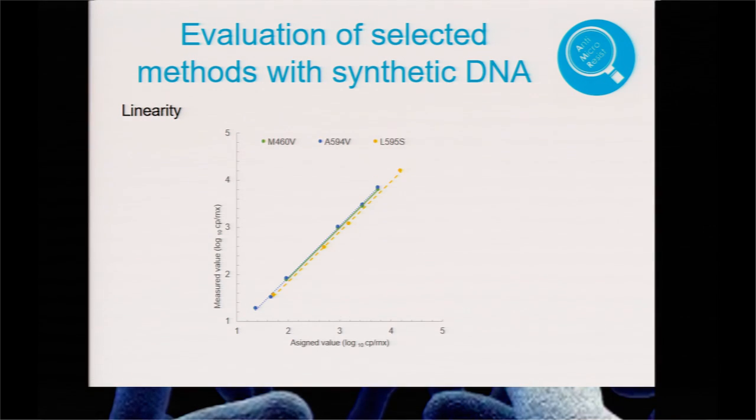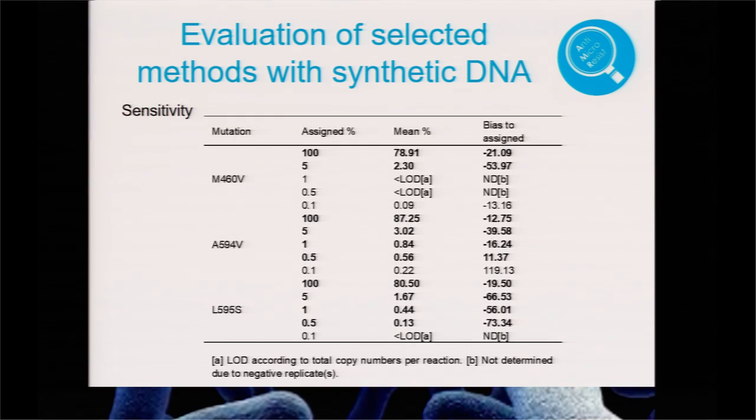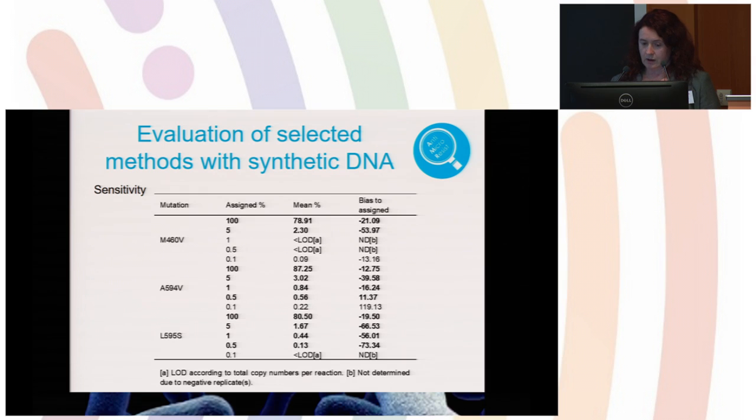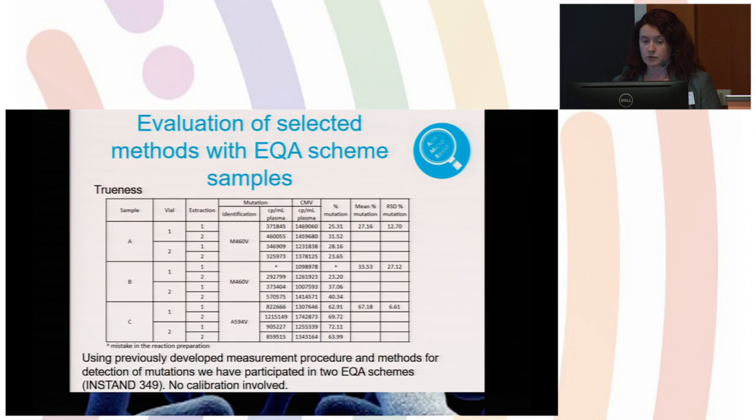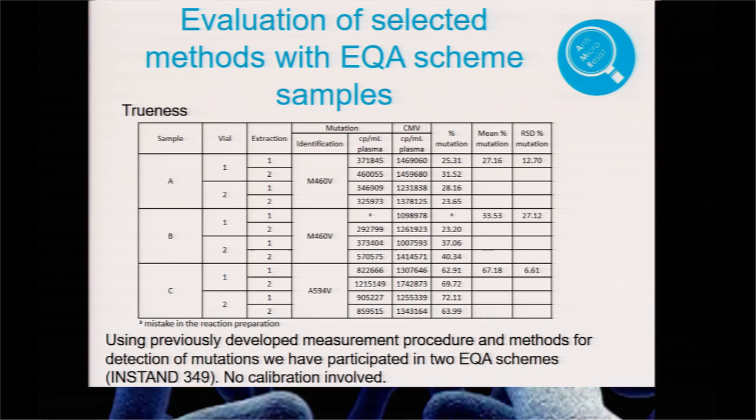We also looked at the linearity of the methods, and it was okay. But then we also looked at the sensitivity, and with these results, we were not too satisfied because we had quite a big bias in the quantification of the CMV method. Nevertheless, we got the opportunity to participate in an external quality assurance scheme.